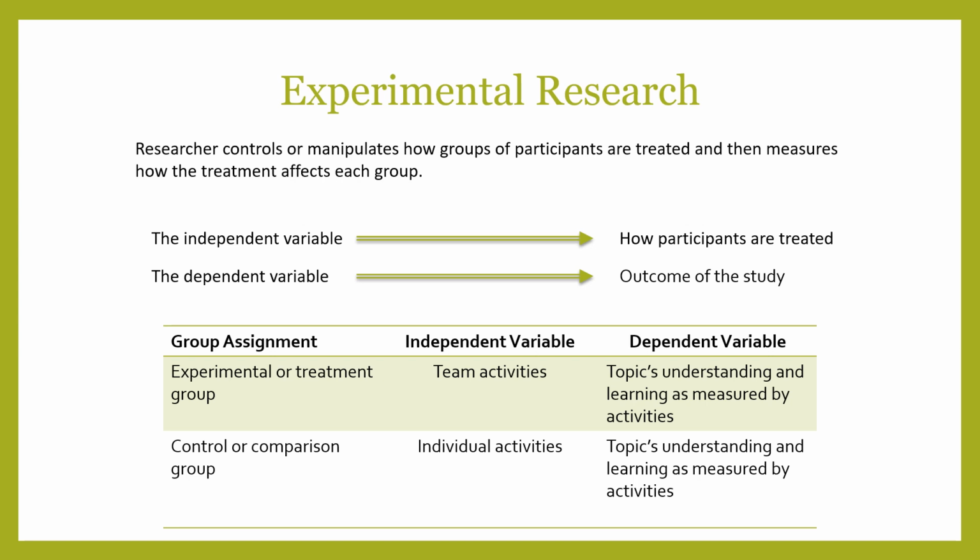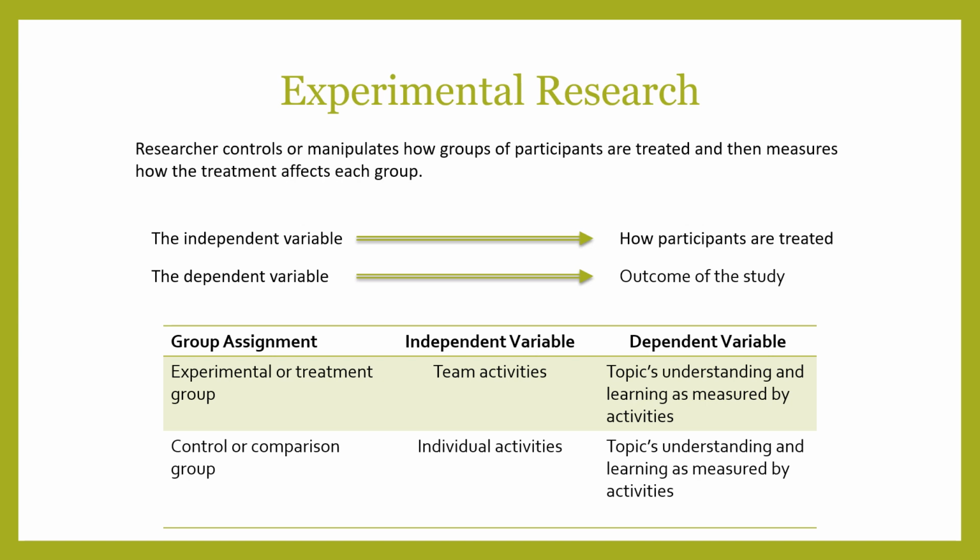The difference here will be the independent variable. The experimental or treatment group is going to be manipulated with the independent variable, and the other group, the control or comparison group, is going to be normal, so we can compare the difference between both.